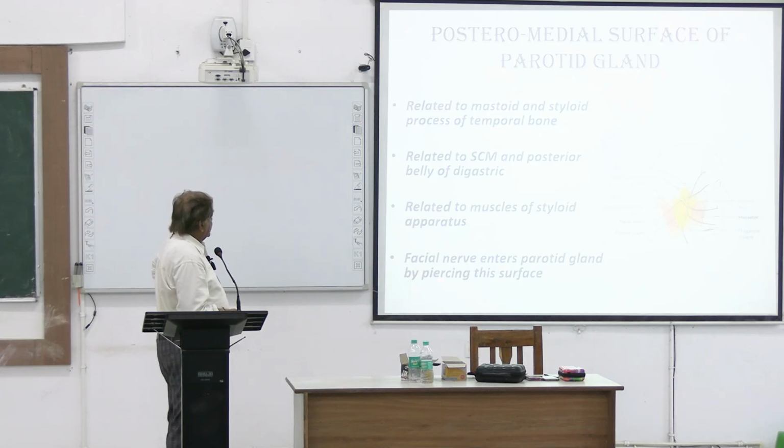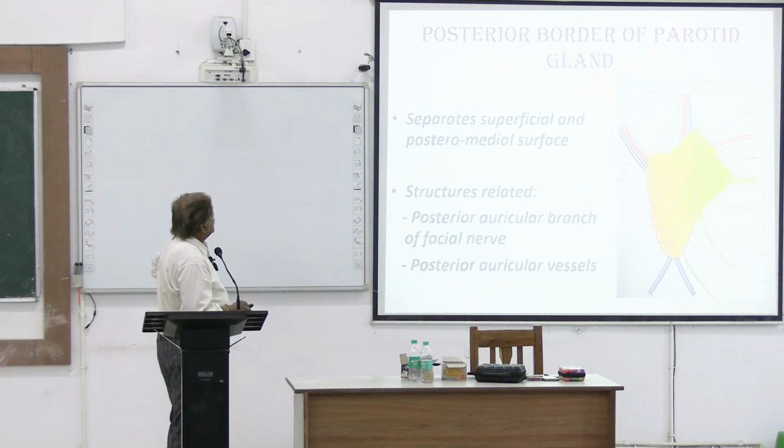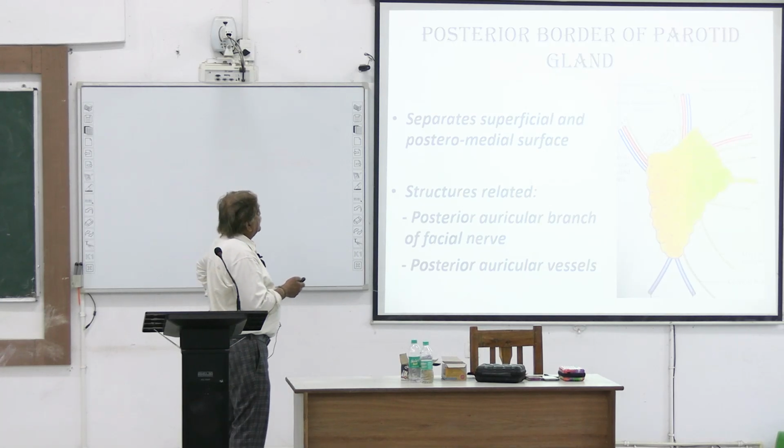Facial nerve enters the parotid gland by piercing this surface. Now, the posterior border of the parotid gland separates the superficial and posteromedial surfaces. Structures related: posterior auricular branch of the facial nerve and posterior auricular vessels.